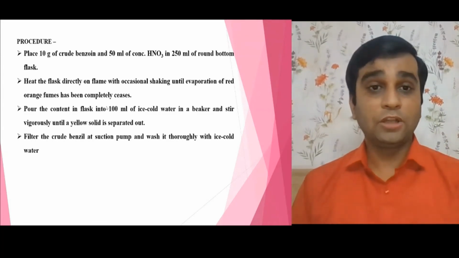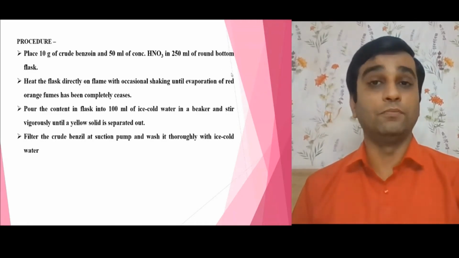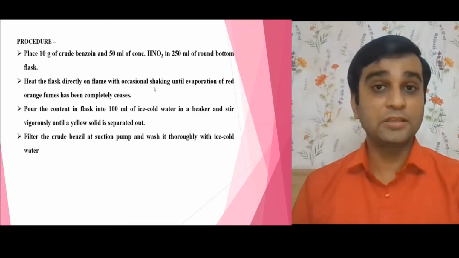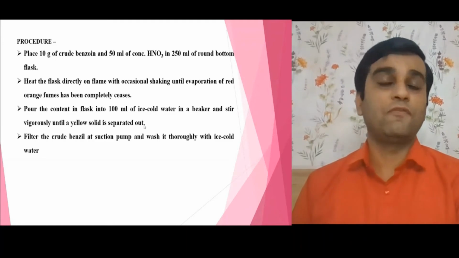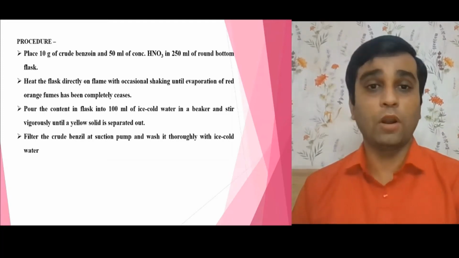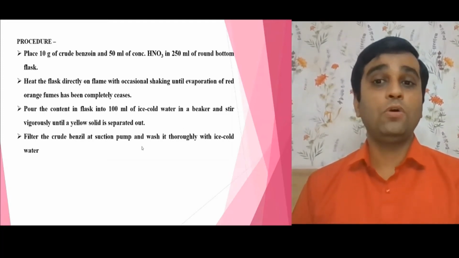You can observe orange red fumes. Once these fumes completely cease, it means the reaction has ended. Finally, the reaction workup comes into the picture. We have to pour the conical flask containing the reaction mixture into ice cold water, so benzil will precipitate out. It is a yellow solid.